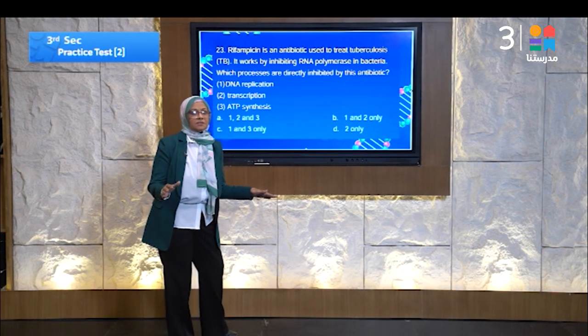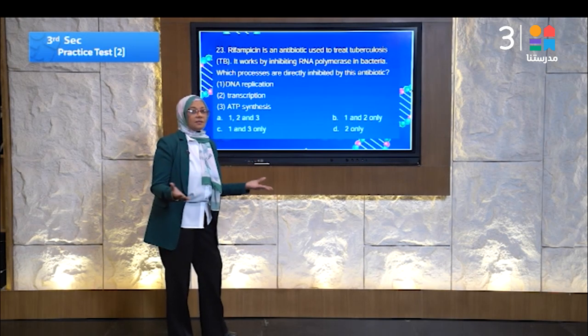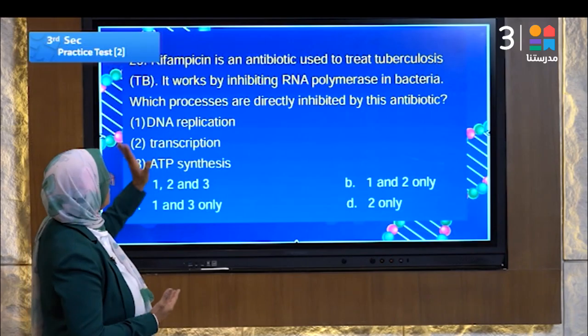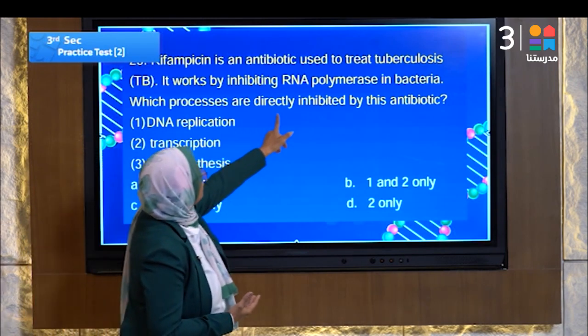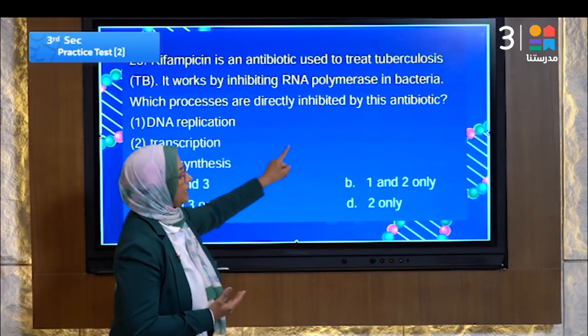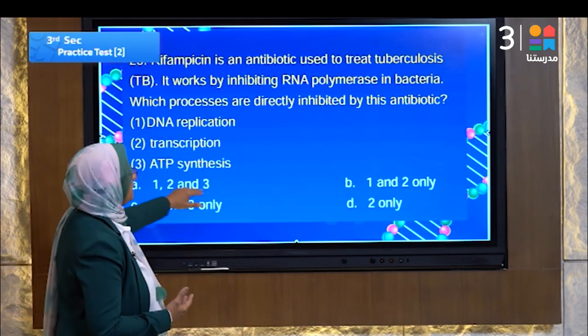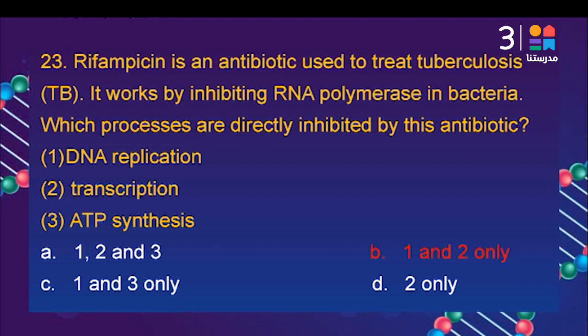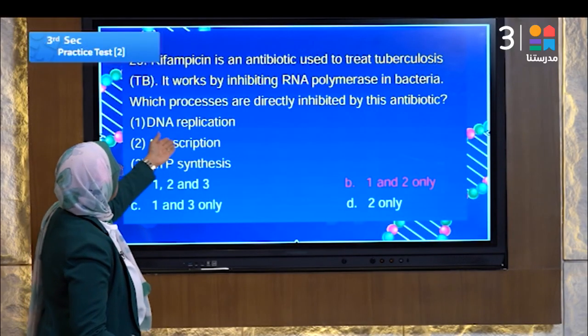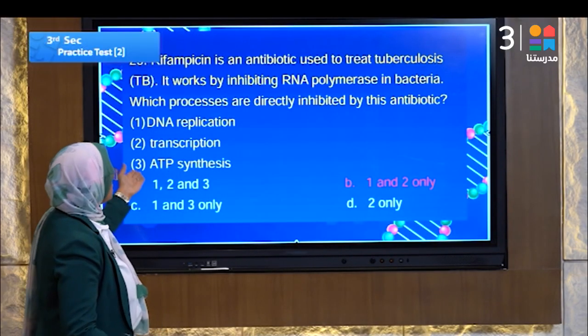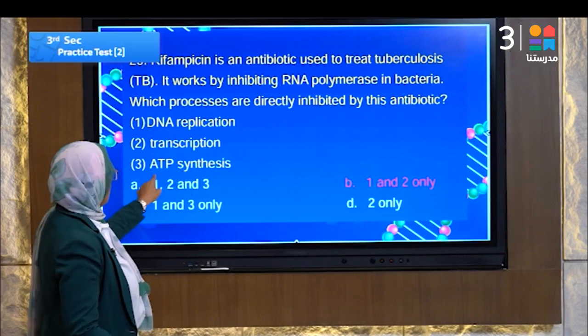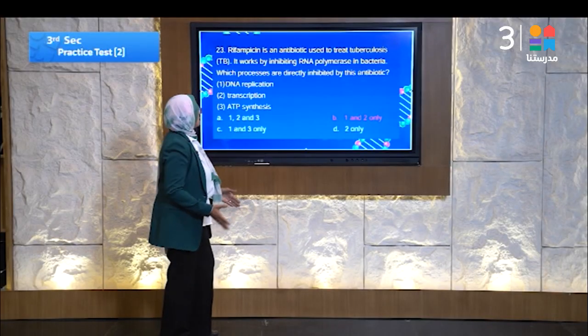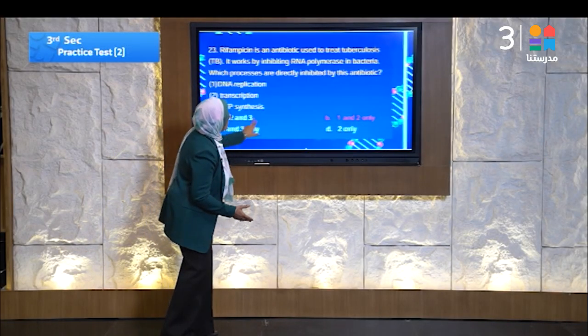Why? Because inhibiting and stopping the action of RNA polymerase in bacteria will kill them. So, no ATP synthesis. The answer is 1 and 2 only: 1, DNA replication; 2, transcription. No ATP synthesis. Let's go to 24.